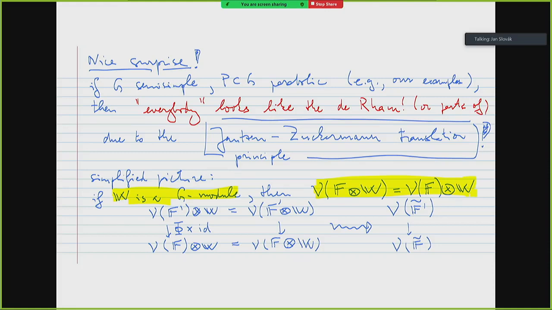And the filtration is easily computed by looking at the action of the center of the reductive part of the parabolic subgroup, right? And the length of the grading limits the order of the operator.